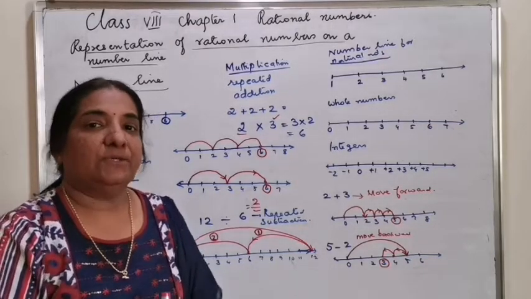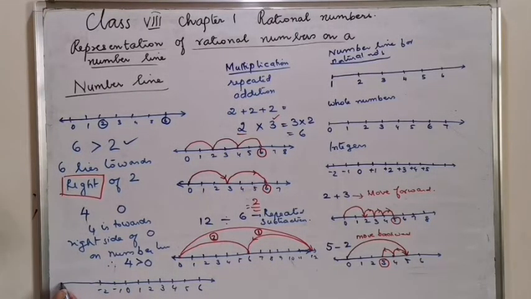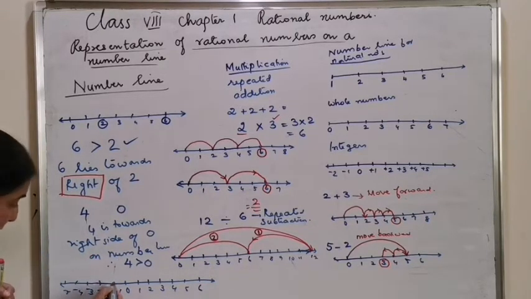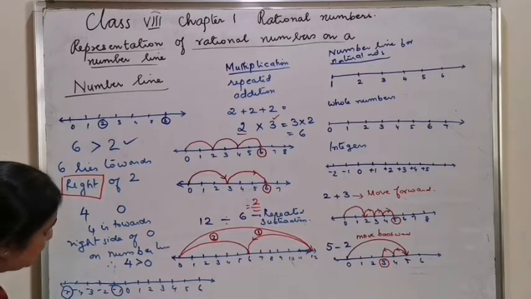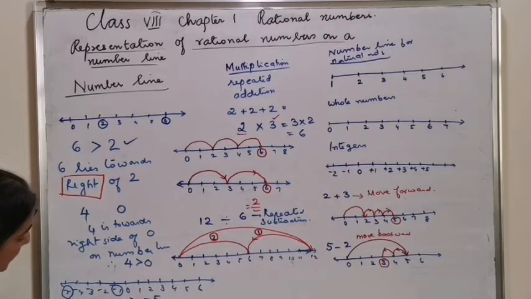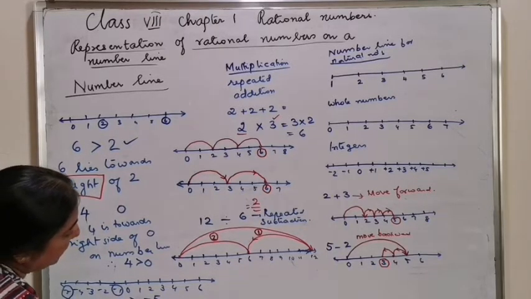If you have a number line with negative integers in this format, very clearly you know that -1 is towards the right of -5. -1 is greater than -5 because -1 is towards the right side.